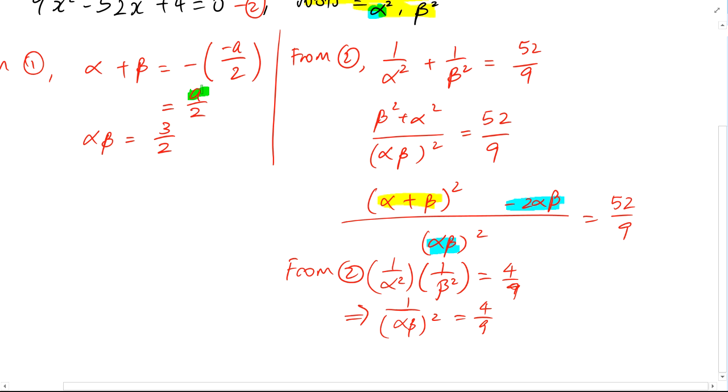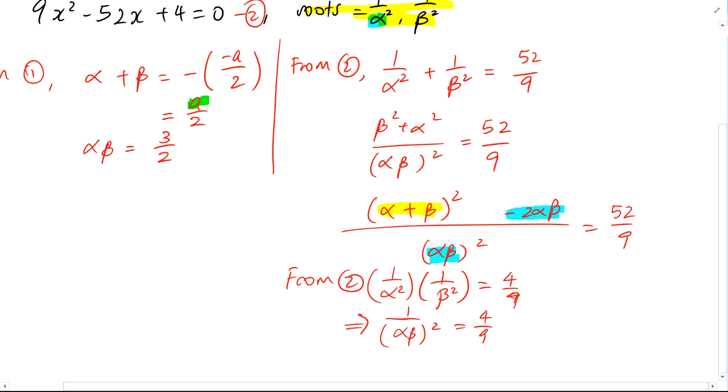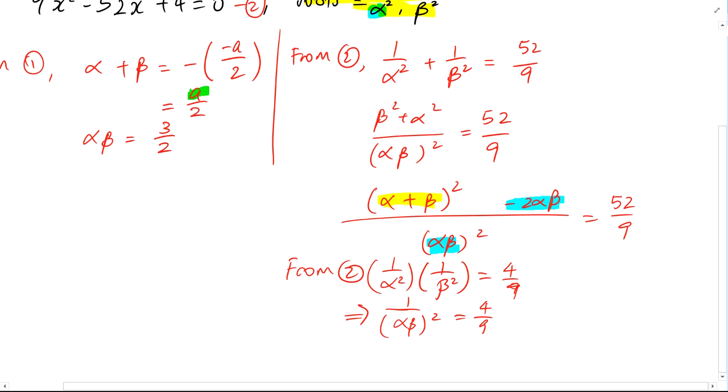Sub in. Yeah, let's sub in whatever we can and see what happens. What would you like to sub in? Which one into where? The product of alpha beta into the below part, the blue one. So this one goes here, as well as here.